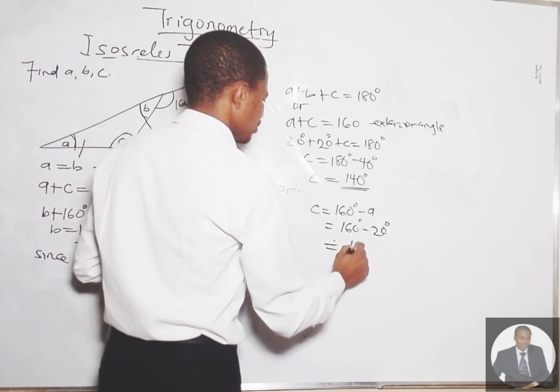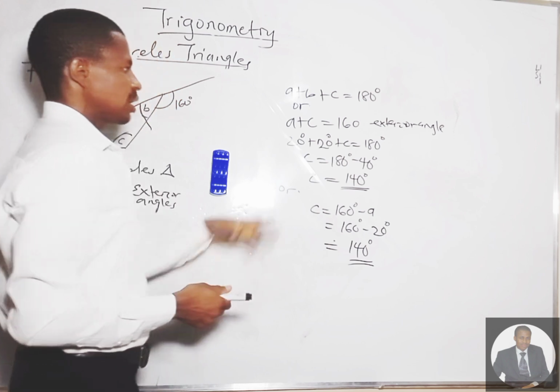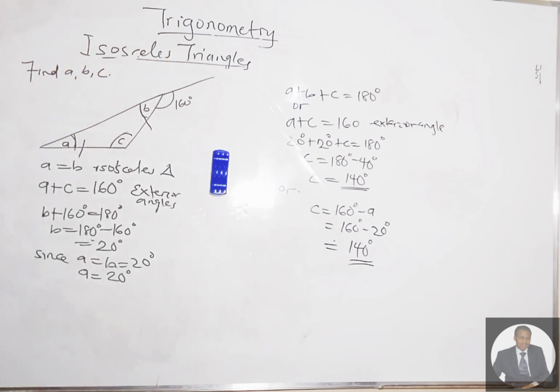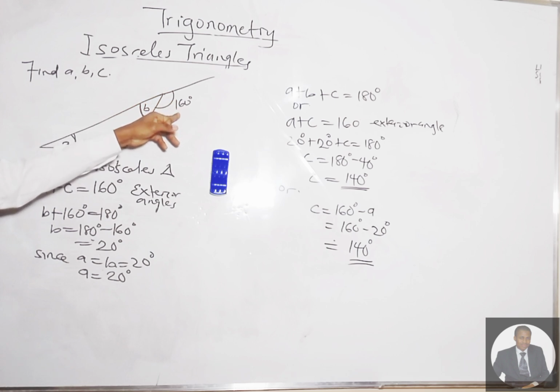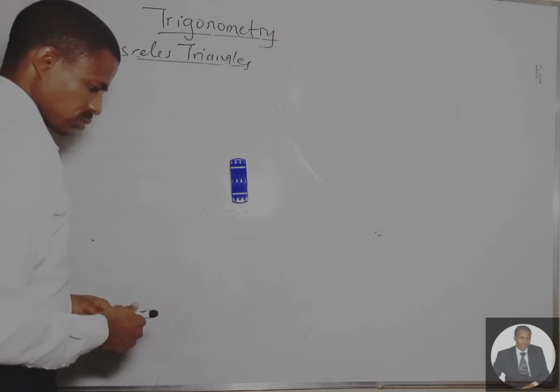So C will give us 140. Any approach we take will give us the answer. The exterior angle 160 is equal to the sum of the two interior angles opposite, A and C, and the sum of angles in triangle ABC is equal to 180. So from there, we can solve as many questions as we can.